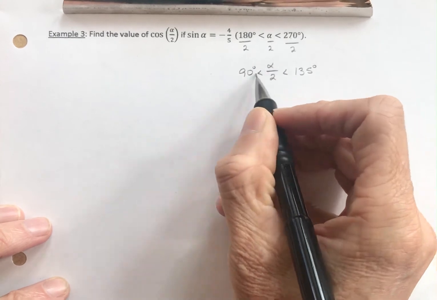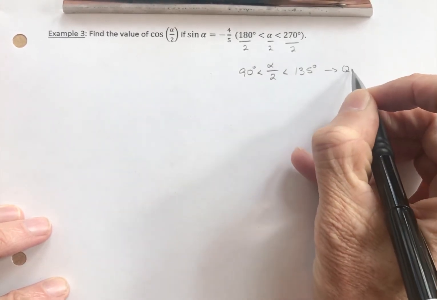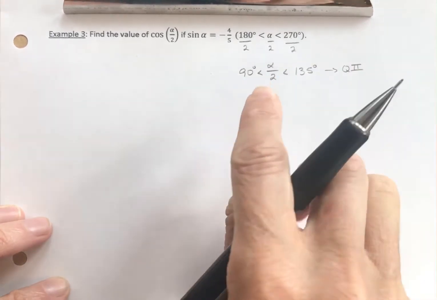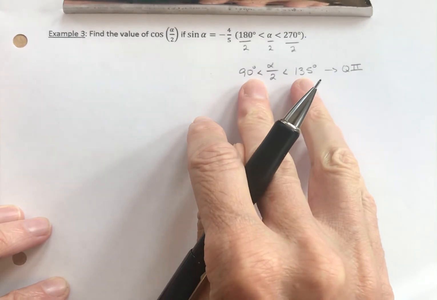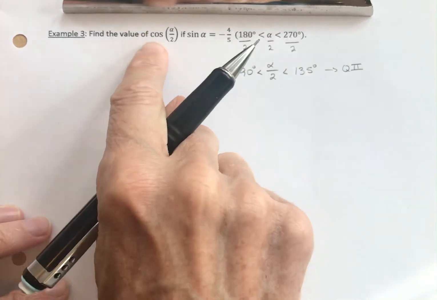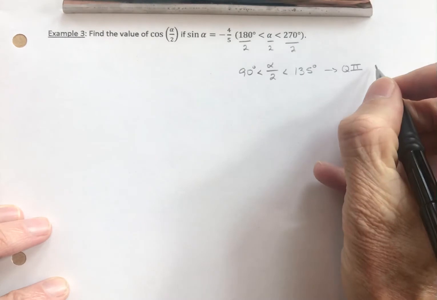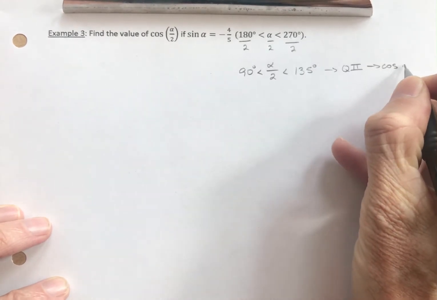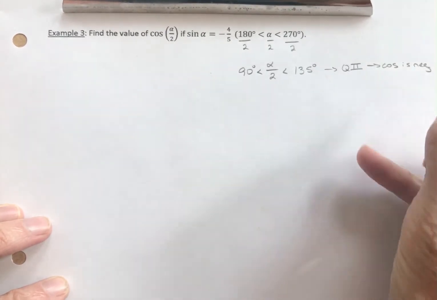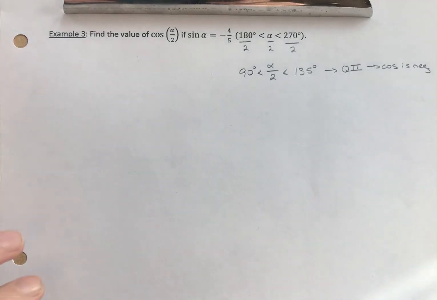Alpha over 2 is located in quadrant 2, which is 90 to 180, and the cosine in quadrant 2 is negative. Okay? All right.